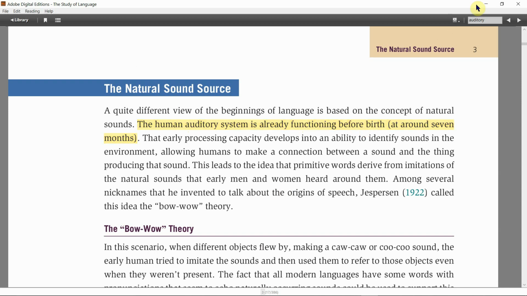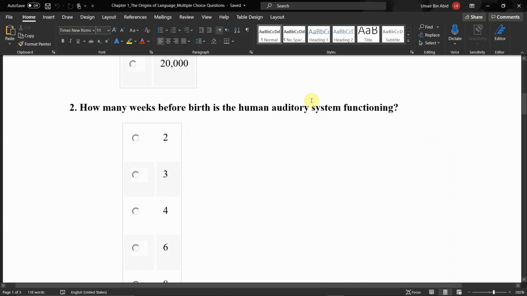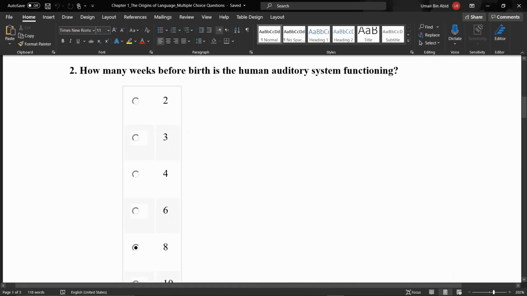The book is saying after 7 months, but the MCQ is asking after how many weeks. Now we know 2 months have 8 weeks, so it is actually the same answer. But I just want to show you how a good MCQ is made. A good MCQ is not just copying the statement from the book and then giving some options.